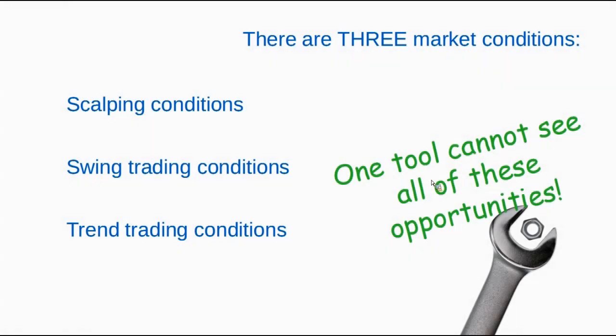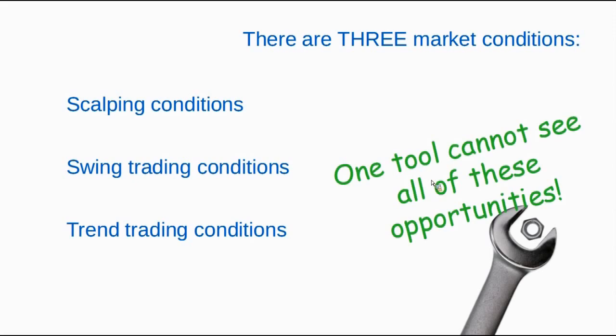Your job as a trader is to take advantage of the prevalent market condition by using the right tool for the job. And like I said before, a lot of people have the tendency of thinking, well, my signal is a good signal, it works X% of the time, I'll just apply it across the board.